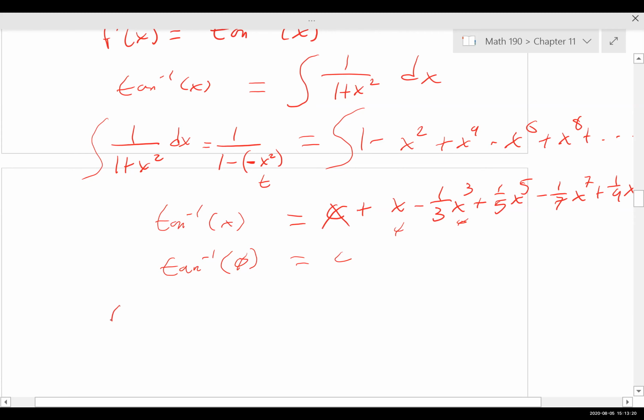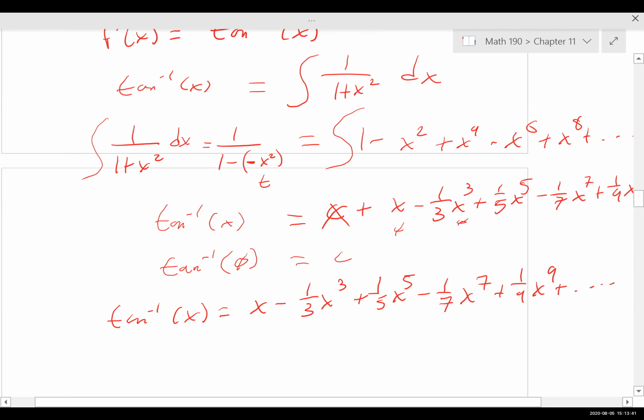Okay, so the inverse tangent of x is equal to this power series. x minus 1/3 x cubed plus 1/5 x to the 5th minus 1/7 x to the 7th. It's kind of cool. Plus 1/9 x to the 9th, or the next one should be a minus. Okay, minus dot dot dot.